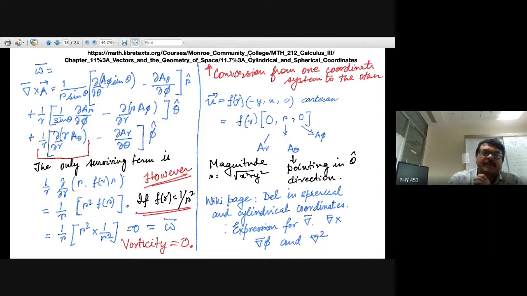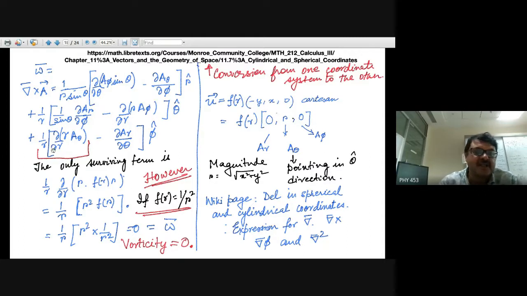And if you want to do it mathematically, you can refer to this. It will tell you how to go from xyz Cartesian coordinates to the spherical coordinate system. So if this is the vector written in spherical polar coordinates, it will look like a function of r, no component in the r direction, a component proportional to r in the theta direction, and again this is 0.